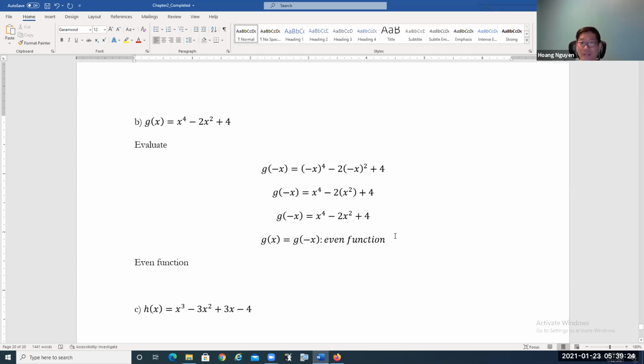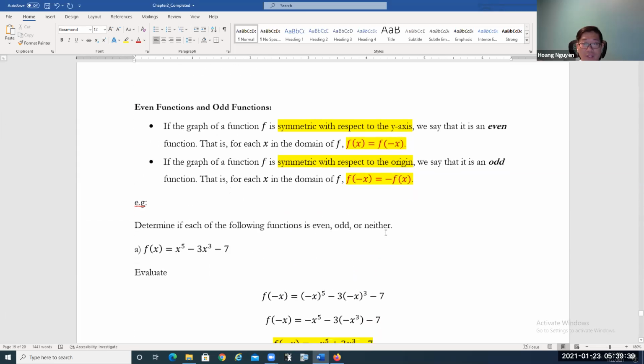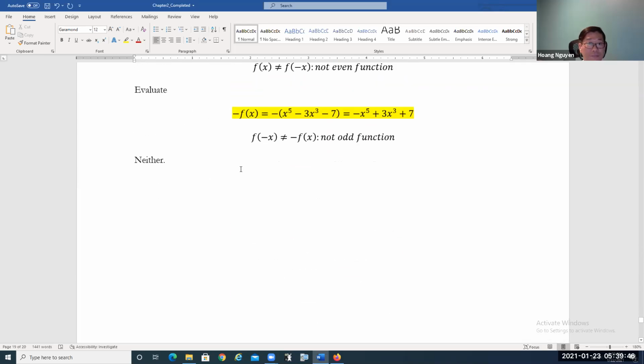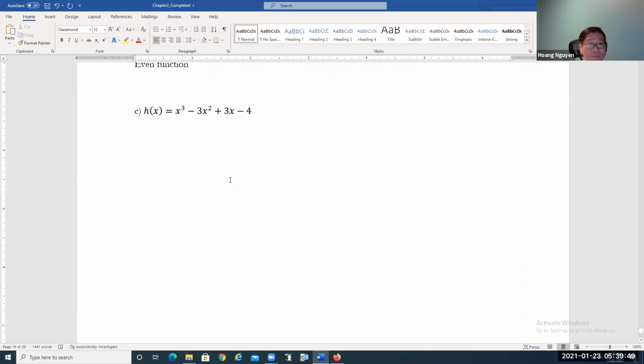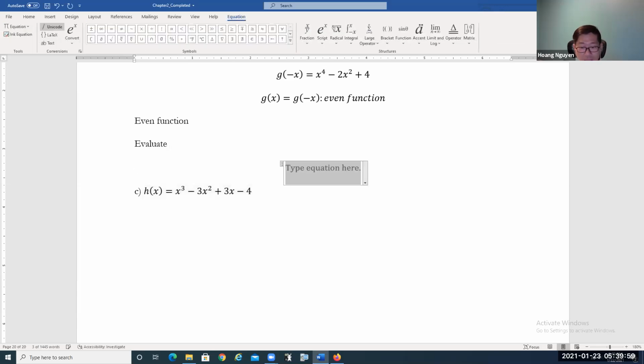Okay, so we check for even. Now, if you want, you can check if it's going to be an odd function. We'll see. But usually, if a function is already even, it's not gonna be odd. Okay, but let's see. Now we're gonna check if the function is odd, so I will evaluate negative g of x.